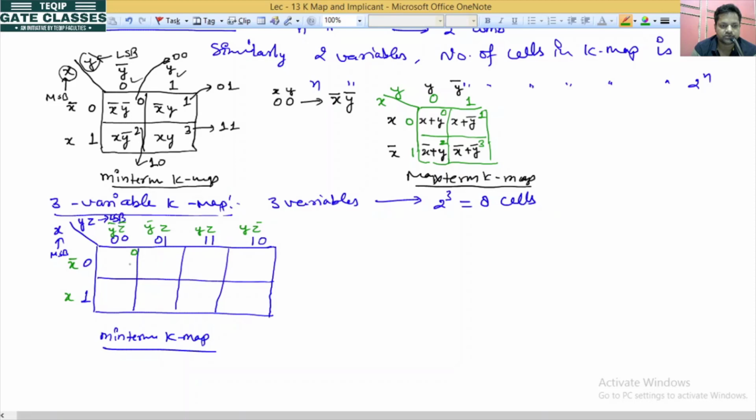From the row side 0, column side 0 1, so it will be 0 0 1, which is 1. From here we have 0, from here 1 1, so 0 1 1 is 3. From here 0, from the column 1 0, so 0 1 0 means 2. Now for this one, 1 from the rows and 0 0 from the column, so it will be 1 0 0, which is 4. 1 from the rows, 0 1 from the column, so 1 0 1, that is 5. Similarly this is 6, this one is 7.